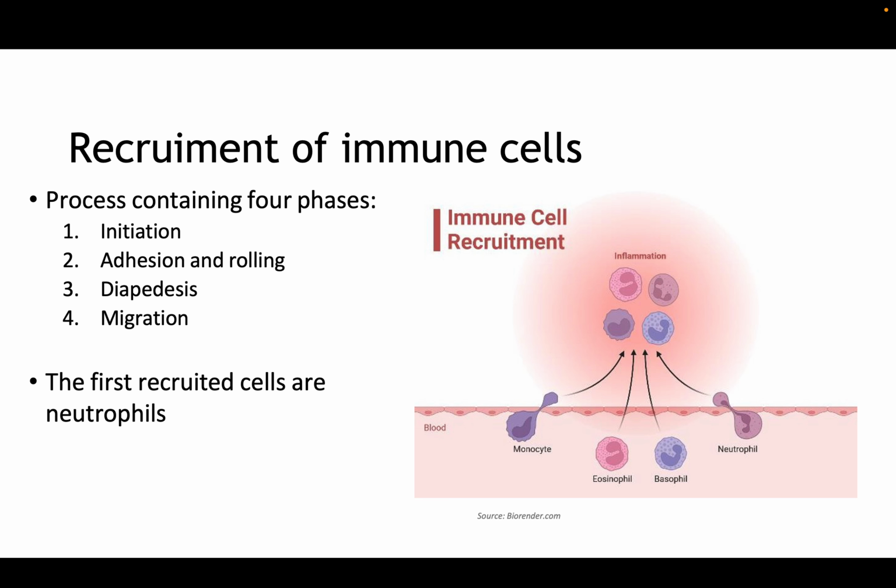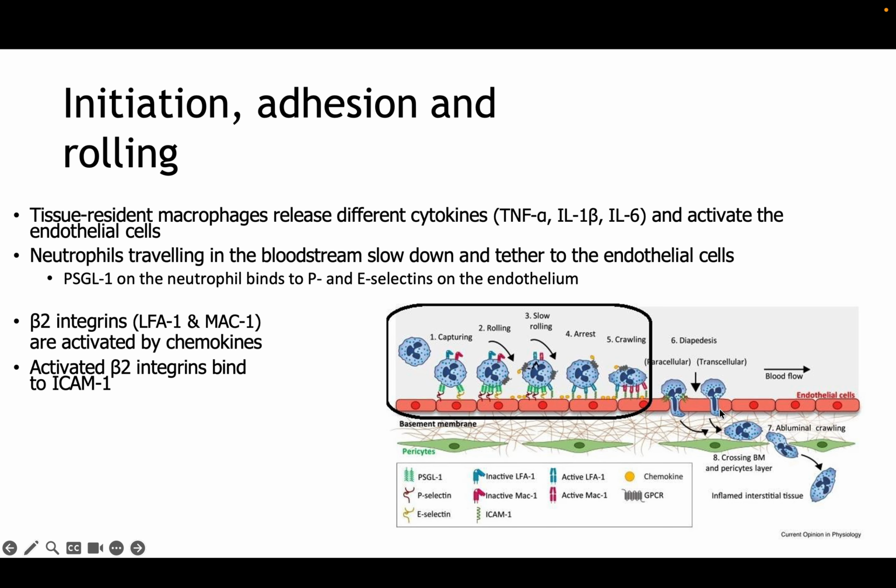The recruitment of cells is usually done in four phases: initiation, adhesion and rolling, diapedesis, and migration. Usually the first recruited cells are neutrophils. As I said, in inflammation it's mostly macrophages that are pushing this, and the first ones they recruit are usually neutrophils.